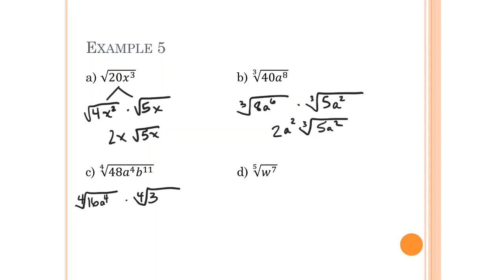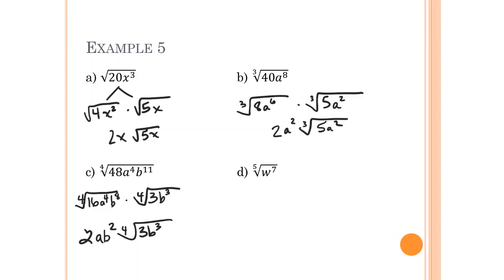B to the 11th I can't take the fourth root of, but I can take the fourth root of b to the 8th. So I'll put b to the 8th there, and then b to the 3rd over here. So fourth root of all that is going to be 2ab squared, and then times the fourth root of 3b to the 3rd.